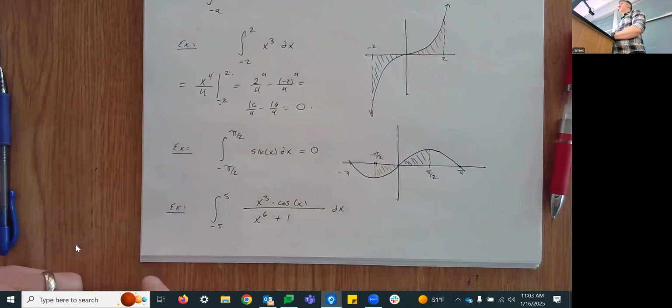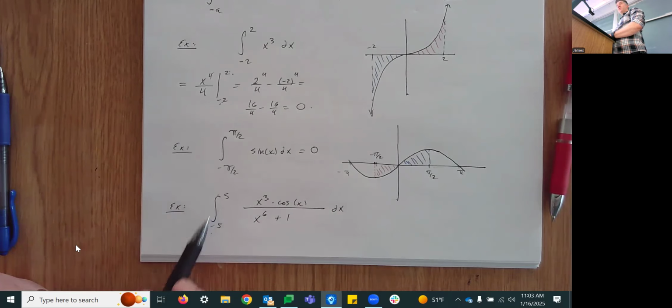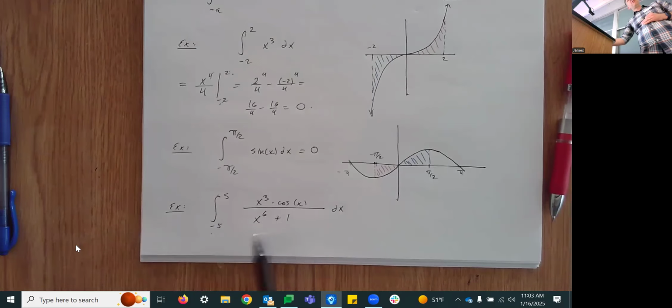And you ask yourself, how the hell do I integrate that? And you're like, well, I don't know how. And then you see, oh, wait, there's a clue. And the clue is that that's -5 and that's +5. If you see that those numbers are opposite, it's not guaranteed, but it's a good bet, especially if this looks terrible, that this is an odd function and your job is to just say it's equal to 0.